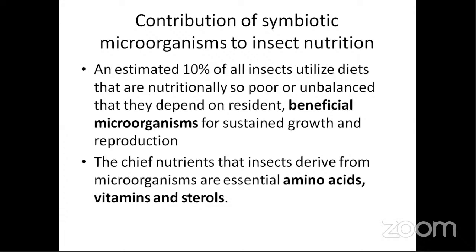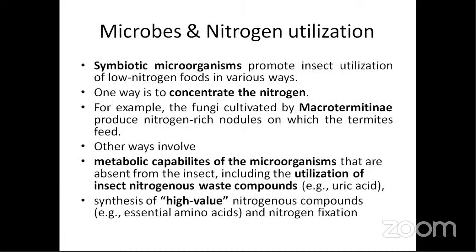So the chief nutrients that insects derive from microorganisms are essentially amino acids, sterols, and vitamins. And if you see microorganisms which help in nitrogen utilization, mostly symbiotic microorganisms promote the insect's utilization of low nitrogen foods in different ways.